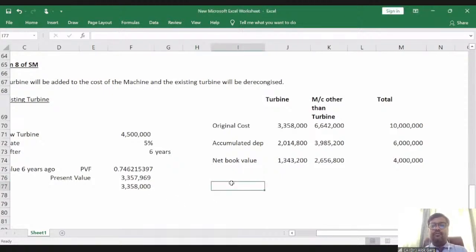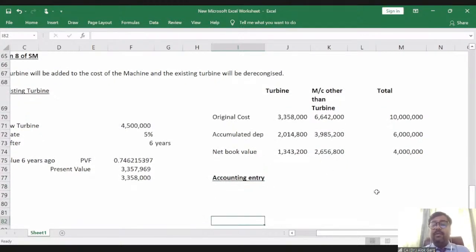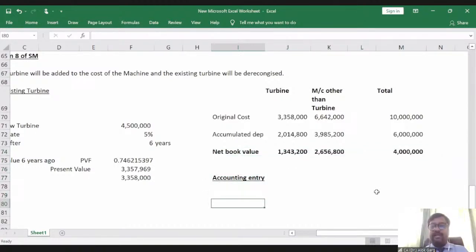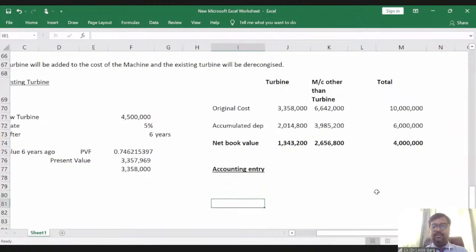So what is the accounting entry? The accounting entry would be, first of all, the net book value of this turbine needs to be derecognized. So first of all, you need to credit old turbine, within bracket machine, old turbine PPE, right?